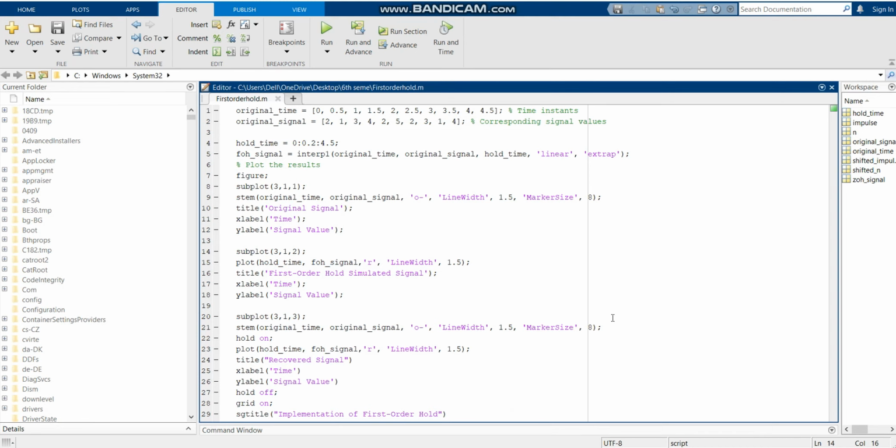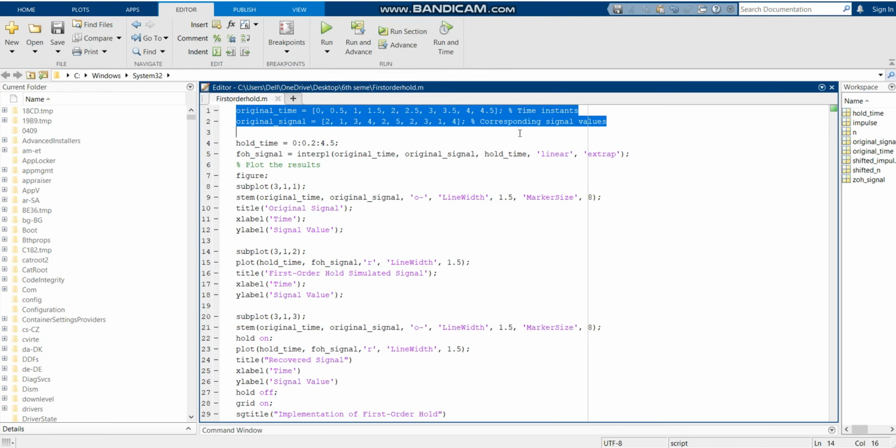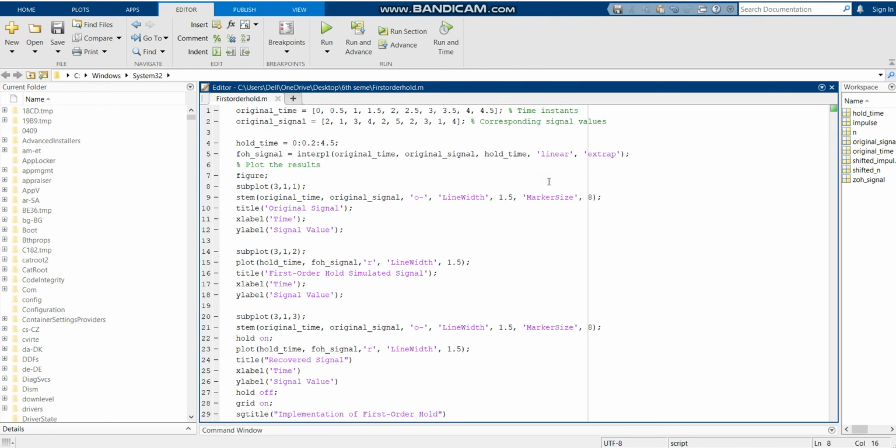This MATLAB code demonstrates the implementation of the first-order hold interpolation technique on a given signal. The original signal is defined by time instants, original time, and corresponding signal values, original signal. The code then defines a new set of time instants for the first-order hold simulation, hold time, with a smaller sampling interval of 0.2.